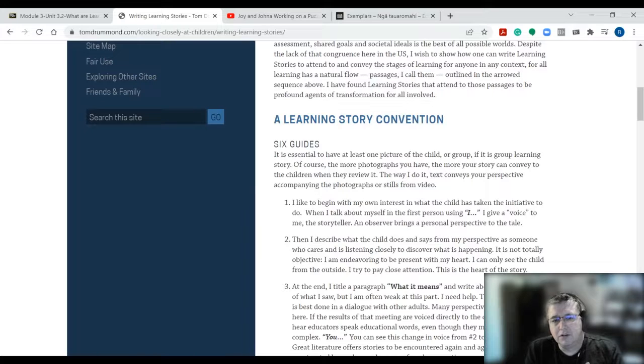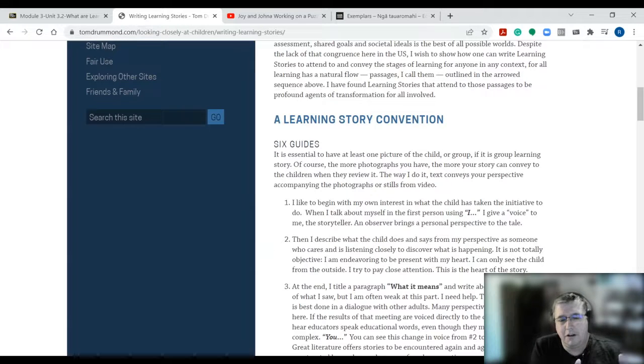You're going to be using I statements, so it's first person as well. You can start it off by telling why you chose to observe or record this observation in the field.